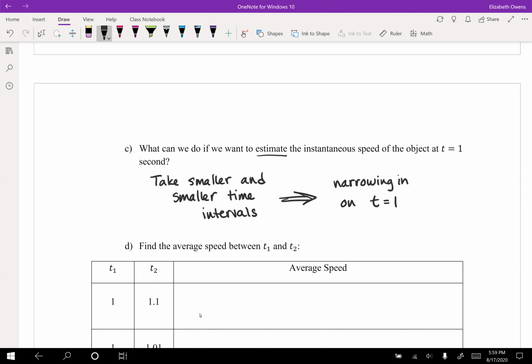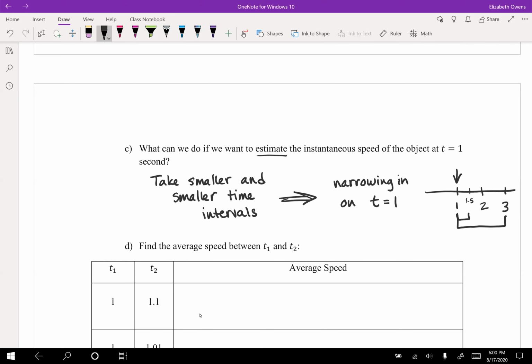Okay, so you might picture a number line here. There's the point in time that we're interested in, t equals 1 second. We want instantaneous speed right there. In the first two parts of this problem, we took our time interval from 1 second to 3 seconds and found the average speed, then narrowed down to 1 to 1.5 seconds.